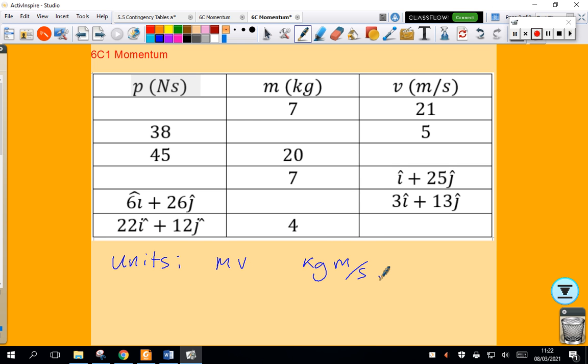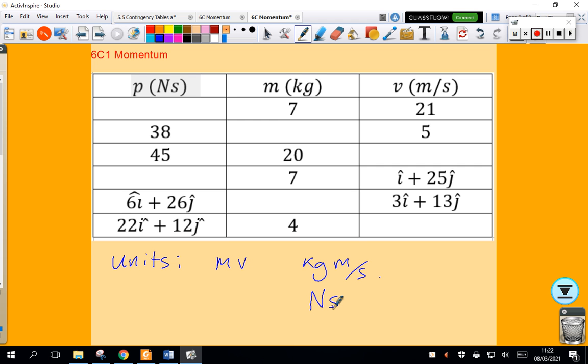So kilograms meters per second is absolutely fine as a unit. But also, we could write that as newton seconds. Not newtons per second, N times s, newton seconds, which is my unit for force by my unit for time.